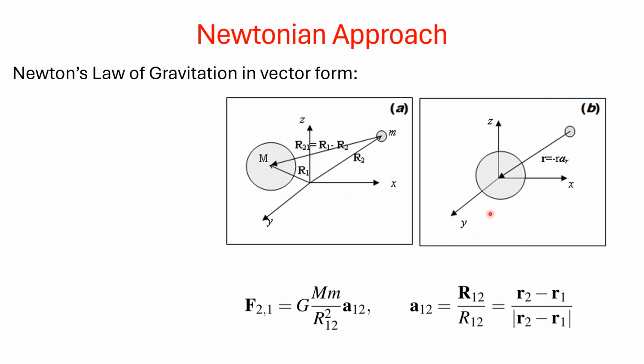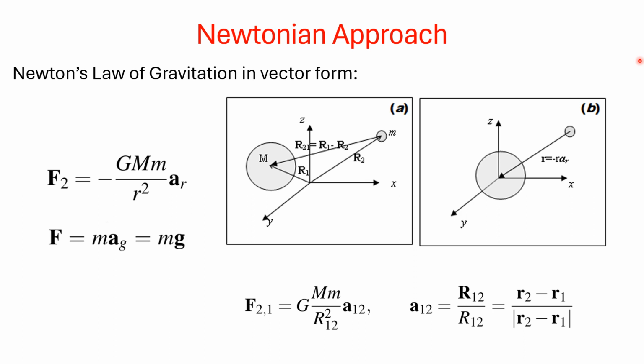And when you take the origin of the coordinate system at the center of the major gravitating object, say an earth, and you can consider this an apple, in that situation force can be expressed like this, where this negative direction is associated with unit vector ar cap, which is borrowed from the spherical coordinate system, and the negative direction indicates that it is directed towards the center, whereas by definition ar cap is directed outwards.